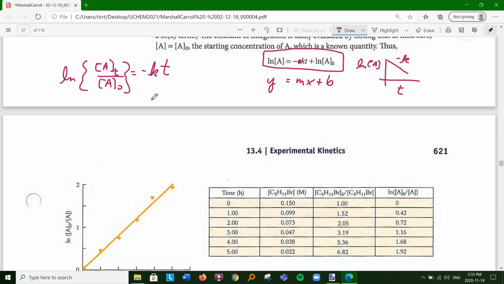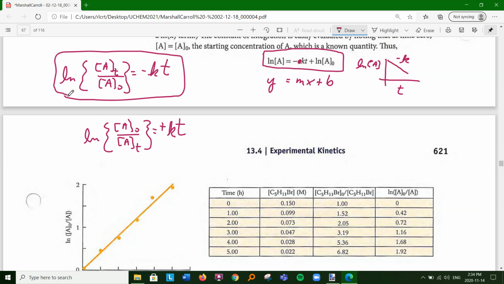The book, for reasons I find slightly annoying, writes it as the natural log of A naught over A at t is positive k times t. That's okay, but I'm going to usually use this method. You see that it's an equivalent equation.